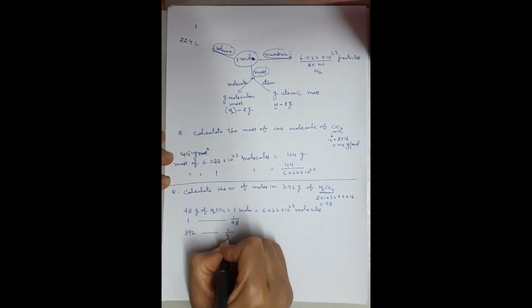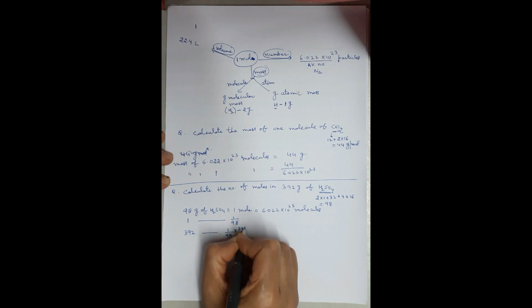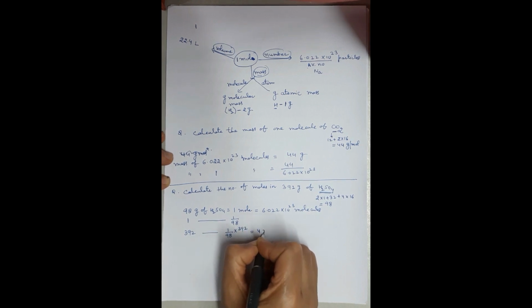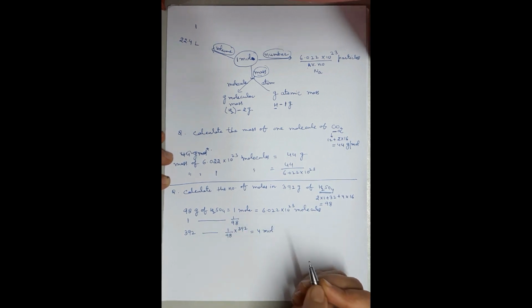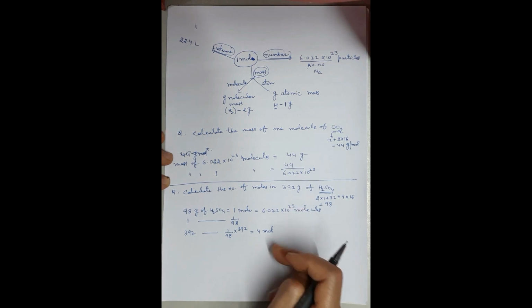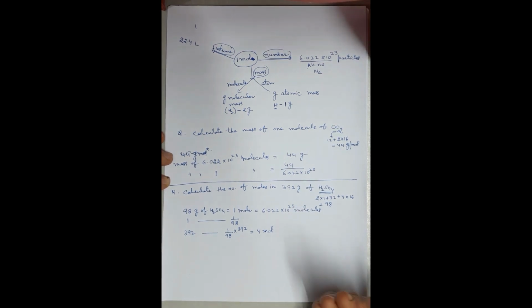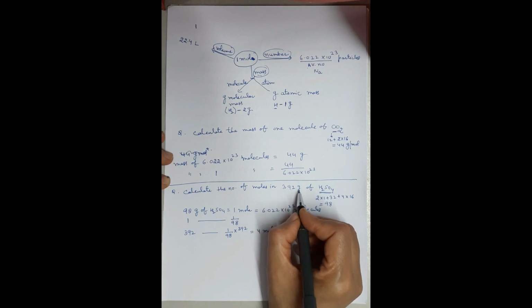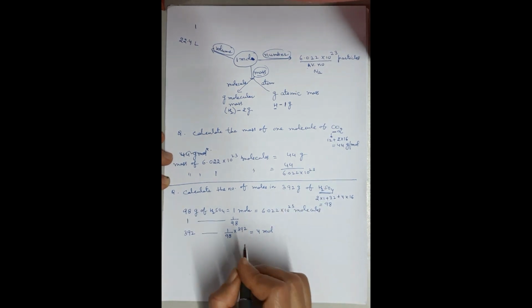It is 1 upon 98 into 392. It comes out to be 4 mole. And if you need to find out the number of molecules, just multiply it by 6.022 into 10 raised to power 23. You will get these many molecules are present in 392 grams of sulfuric acid.